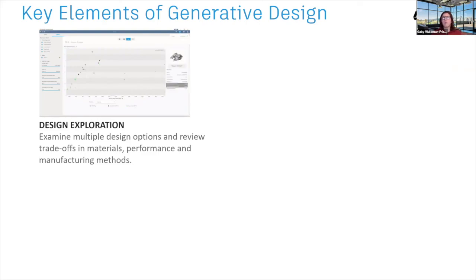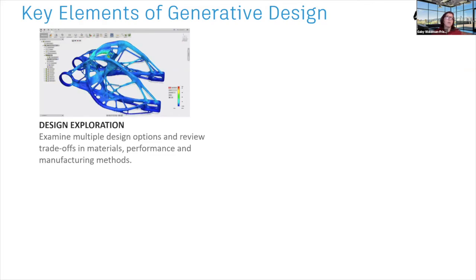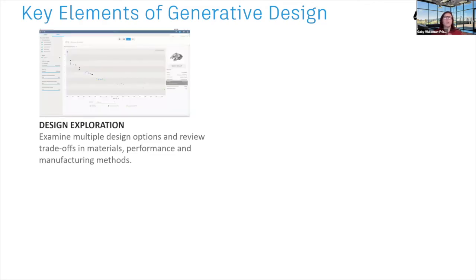So maybe you want to pick a set of 5 different materials, and then it'll produce outcomes in all 5 materials. Maybe you want to only do 1 material. Maybe you want to do 10 materials. But you get to identify which materials those are, and it will create outcomes in whichever materials you specify.